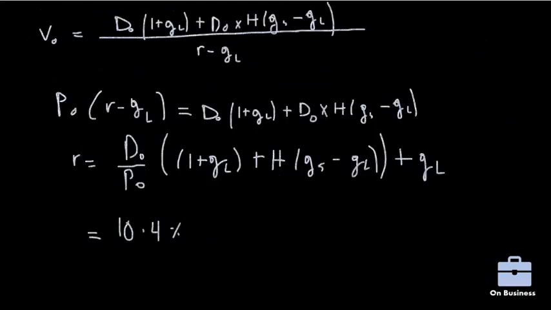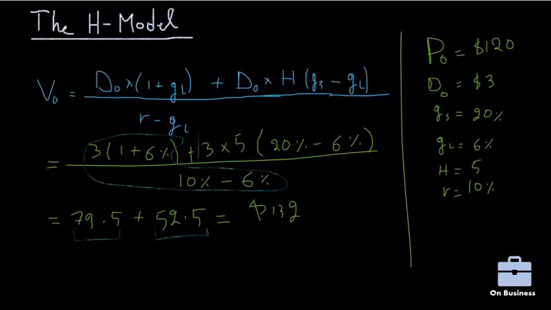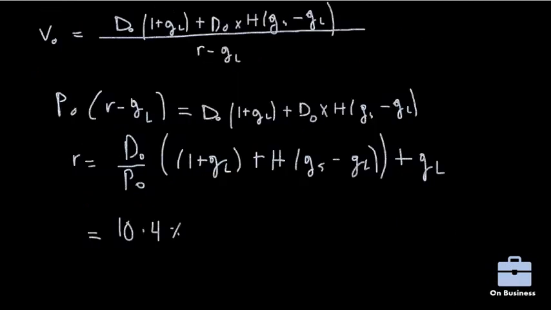This means that the answer 10.4% is greater than the 10% we used, which means that the market believes that the stock is riskier than it actually is, and this explains the lower price, the price that is lower than the value, which has led to the undervaluation of the stock.